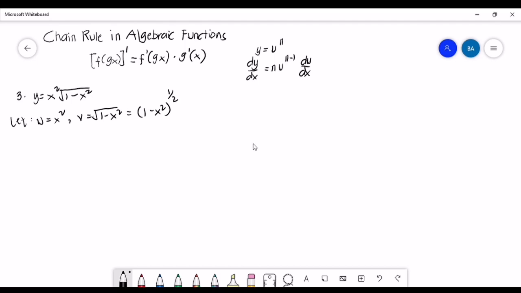At this point, if we rewrite the given, we could say that our y is now equal to u times v.